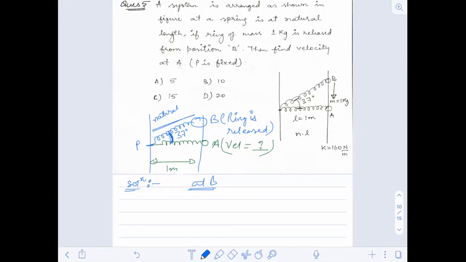Now, when it falls down, what happens? The ring will lose potential energy and gain kinetic energy, and the spring will gain potential energy. Now you try to solve it like that.